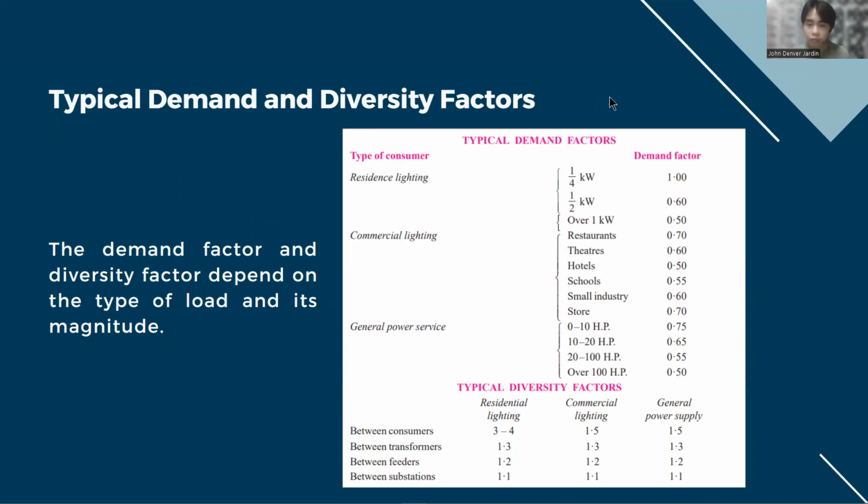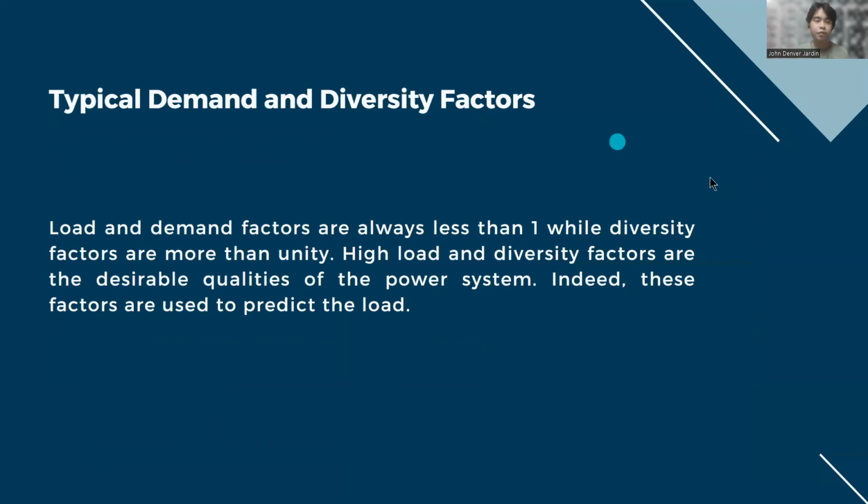So as you can see, we have different types of electricity consumers that have different requirements of supply load: residence lighting, commercial lighting, general power service, and it includes the different requirements, demand factors, etc. Note that the load and demand factor are always less than 1, while the diversity factor is more than unity.